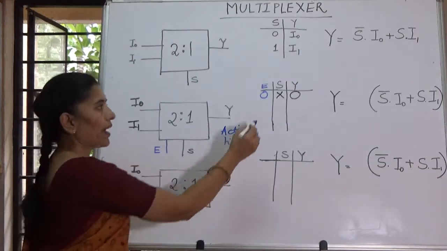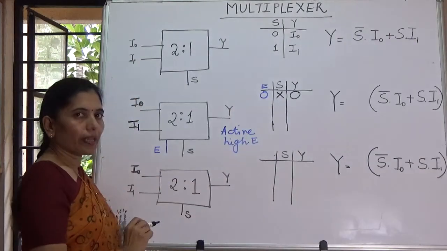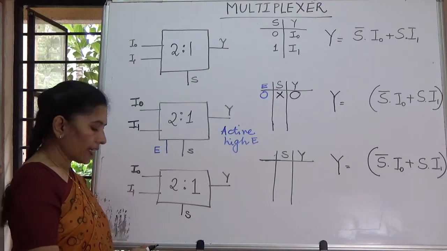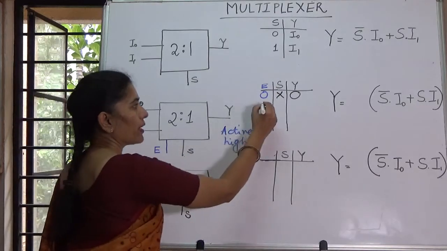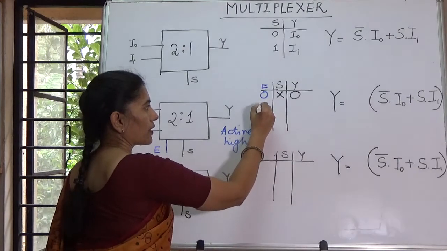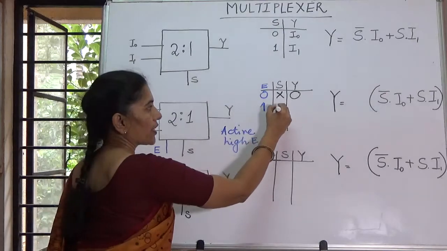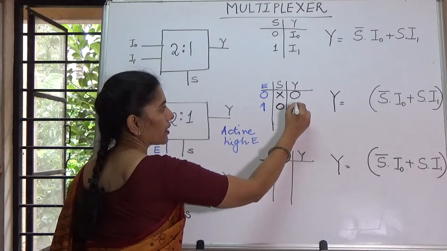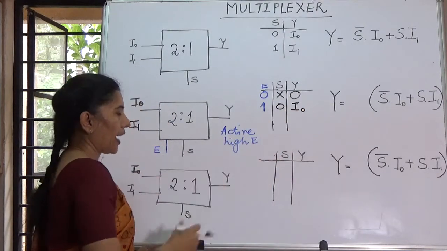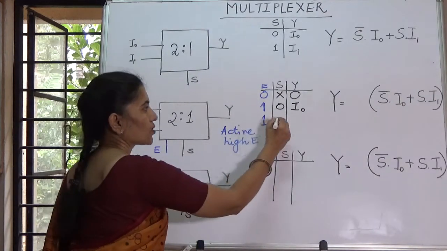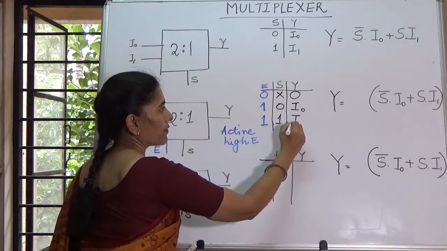That is indicated by this particular symbol, which is for a don't care, that is a cross. And if the enable input is 1, then the function would be enabled. So if E is 1 and S is 0, Y would be equal to I0, and if E is 1 and S is 1, then Y will be equal to I1.